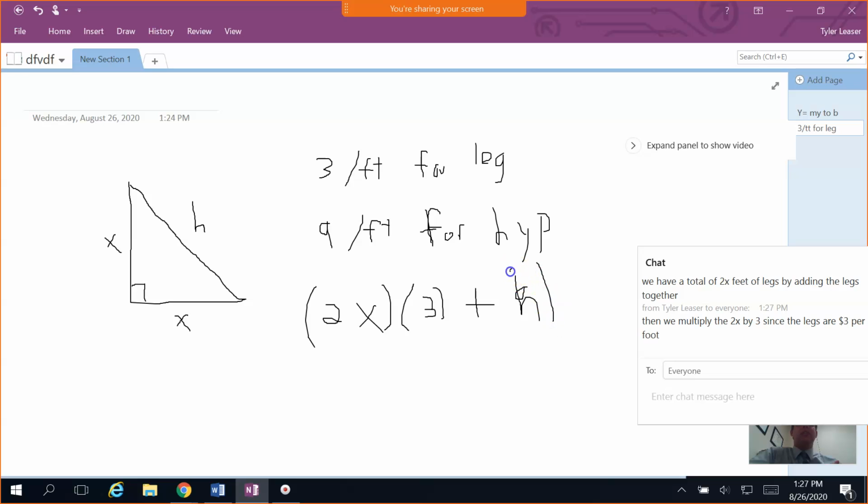So there's h length of hypotenuse times the price of hypotenuse, 9 per foot.